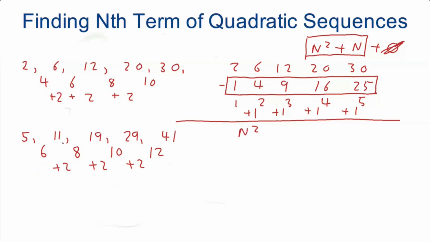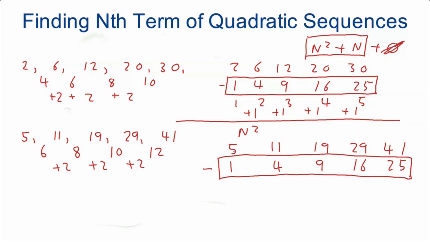Now, put our values down again. 5, 11, 19, 29, 41. Put the n squared values underneath it. So 1 squared is 1, 2 squared is 4, 3 squared is 9, 4 squared 16, 5 squared 25.